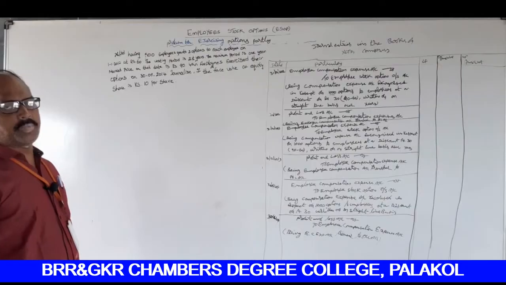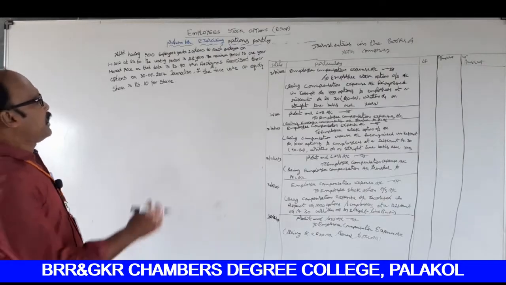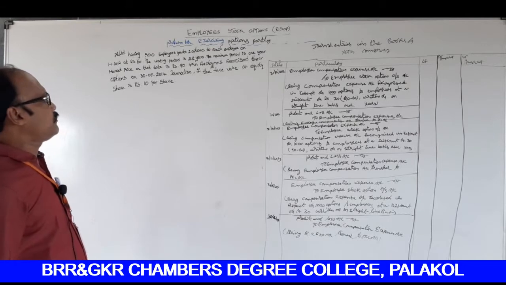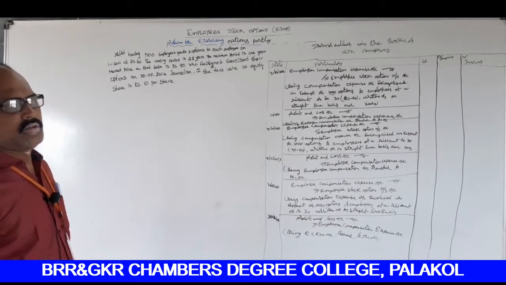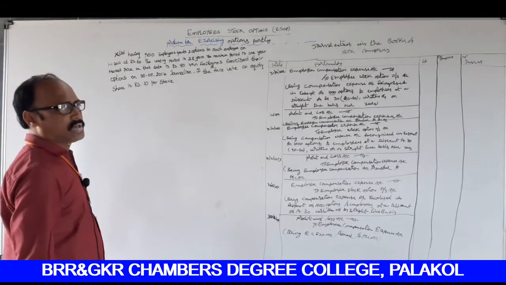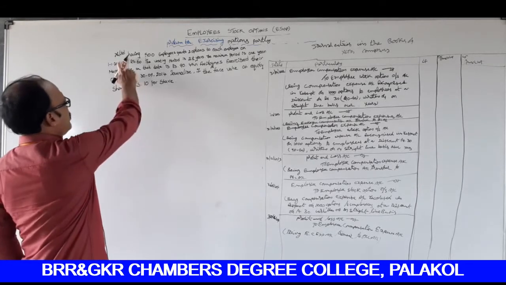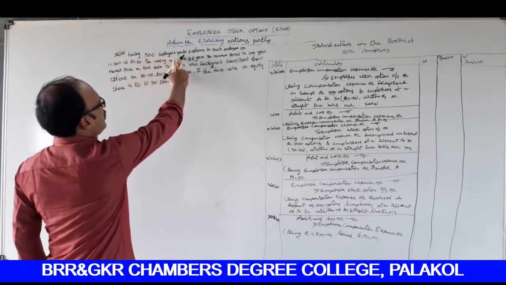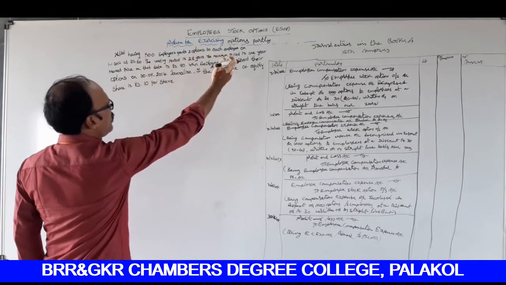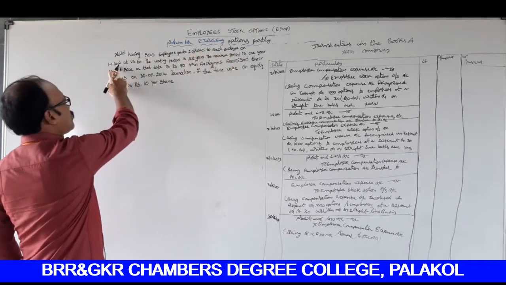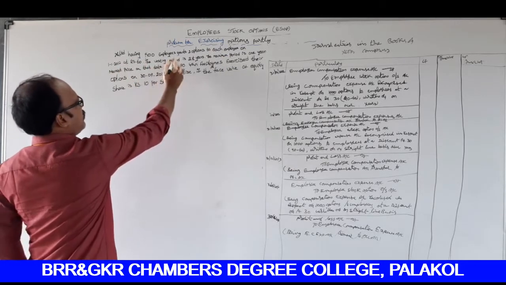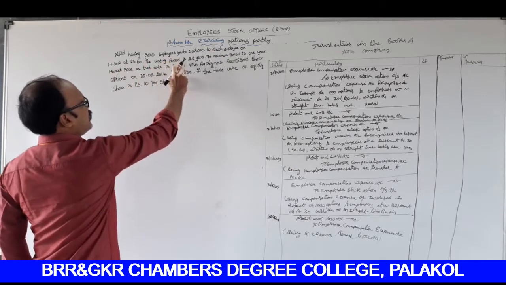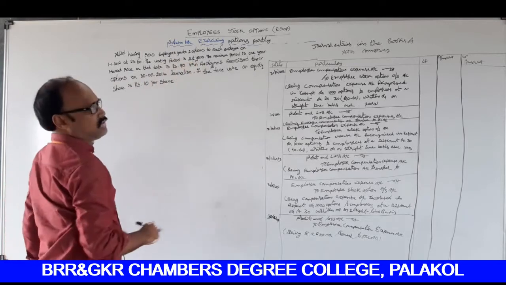Okay, thank you. Second problem, employee stock options, ESOP. Problem for exercising options partly. X Limited, having 500 employees, grants 2 options to each employee on 1/1/2012 at rupees 60. The vesting period is 2.5 years.